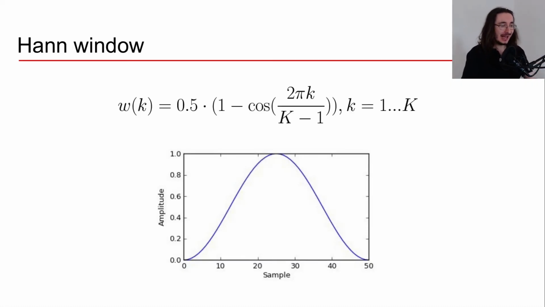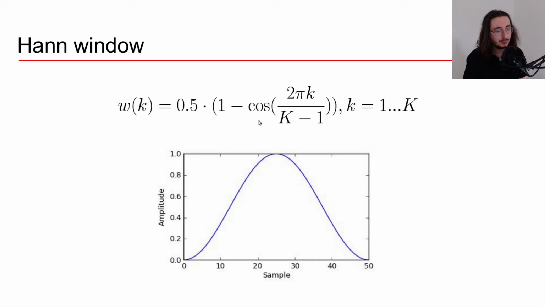A famous windowing function that you'll use probably 90–95% of the time when you do Fourier transforms is called the Hann window. Here you have this function, where K represents the sample. So the Hann window is a function of the samples.